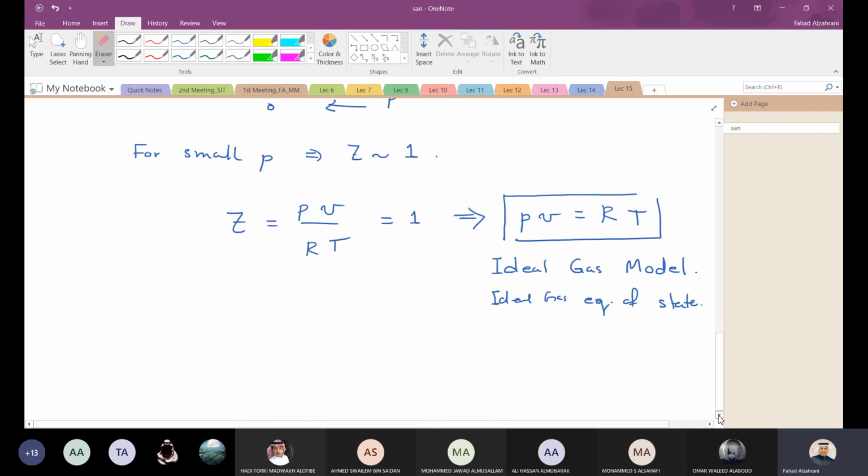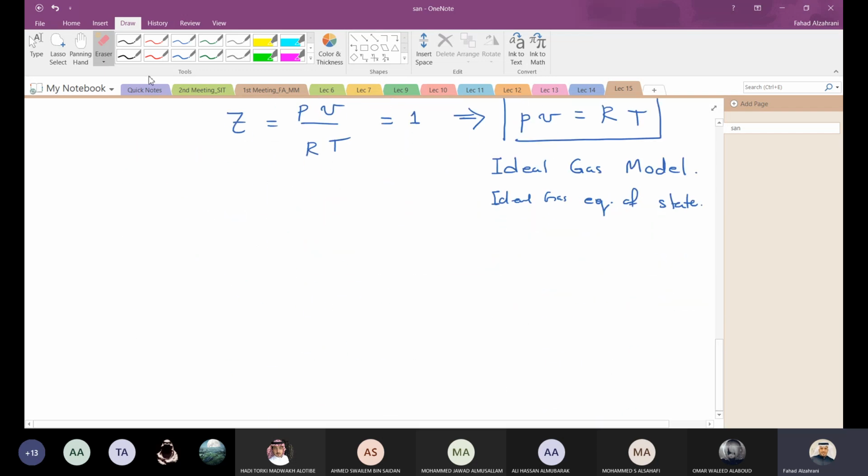Usually, if we want to generalize any problem, we do normalization. What do we mean by normalization? It means that instead of plotting temperature, I will plot temperature divided by some certain value.